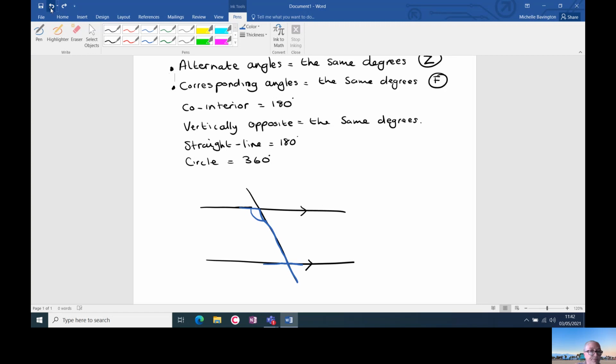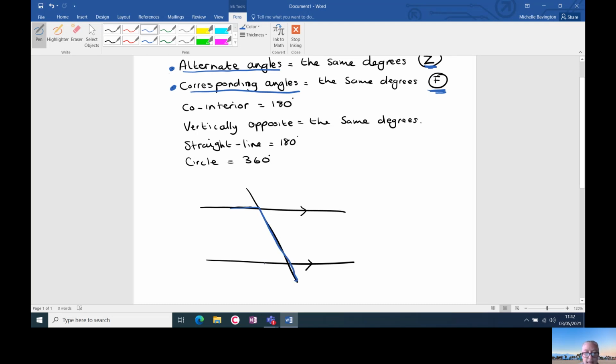I think these two are the most difficult, so just use your Z and your F, but see how they correspond to each other. Corresponding is your F: friends. You correspond with friends. And then your alternate angles, Z. It's just memory and just drawing them.